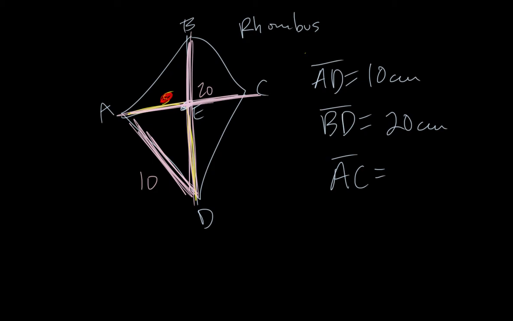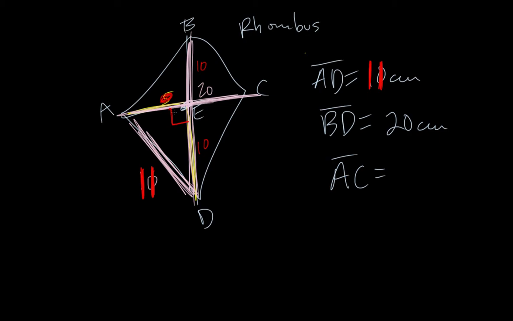So basically how we're going to approach it, this entire thing's 20, so this is going to be 10 and 10. And that's not going to work. Alright, I've got to modify this problem just a little bit. I'm going to change this to an 11. Because if this is 10 and this is the hypotenuse, that doesn't make sense. So it should have been given as 11 and 20.